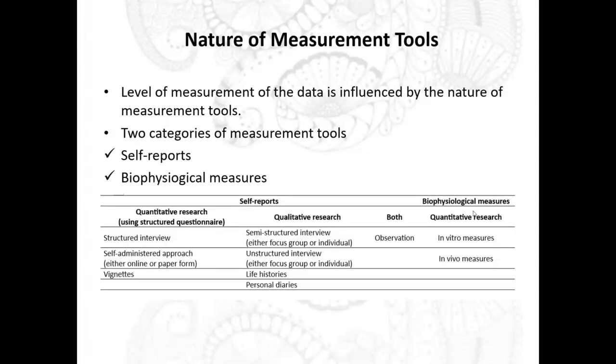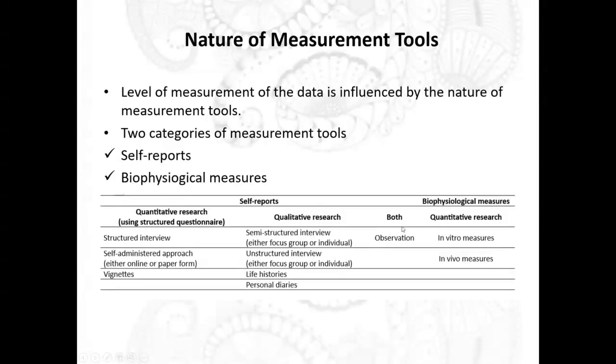Instead, we need to use some clinical investigation. So sometimes we also use measurement tools that measure some physiological changes of the participants after completing an intervention. And biophysiological measures, we only use in quantitative studies. So you see, I write down quantitative only.